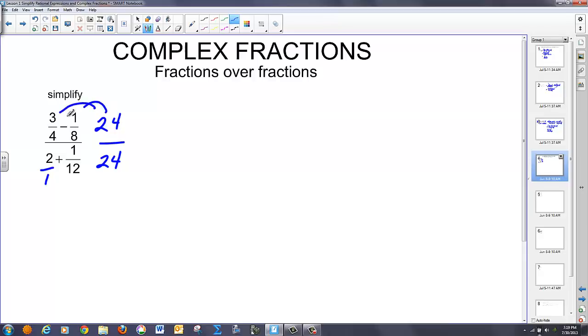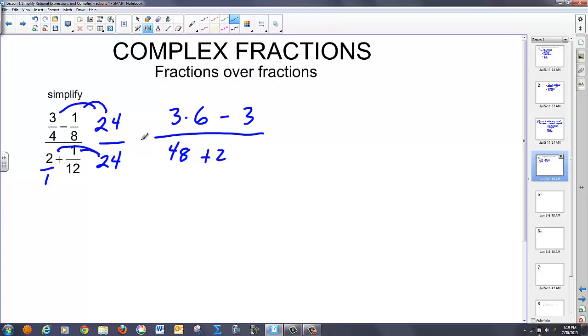Distribute this in. Notice what happens. 24 and 4 reduce to 6, so I have 3 times 6. 24 and 8 reduce to 3, so that's minus 3, over 24 and 2 go to 48, and the 24 and the 12 reduce to a 2.